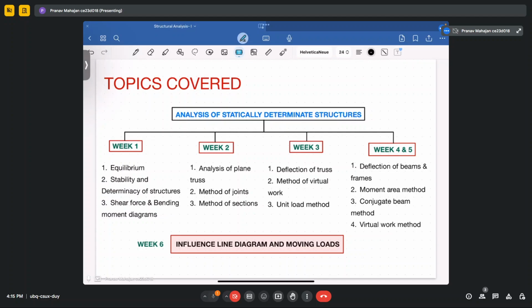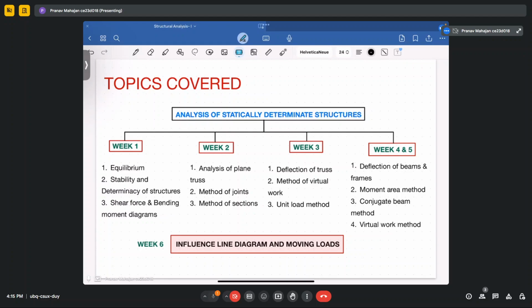So when we apply that force in that particular direction, based upon the method of virtual work, which says that internal work should be equal to external work, we arrive at an equation, NnL upon AE, where capital N is the force due to the externally applied load, and small n is the force due to the unit force applied in the direction where the horizontal or vertical deflection is required to be calculated.